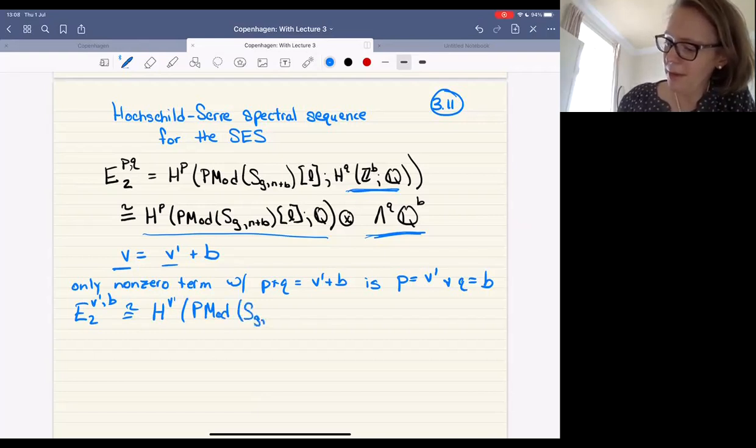I'm going to stop writing zeros, just to keep this less cluttered.